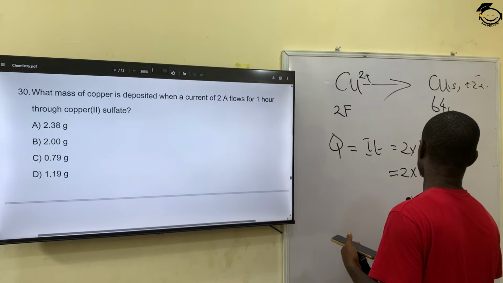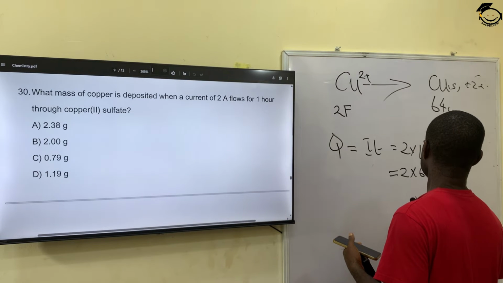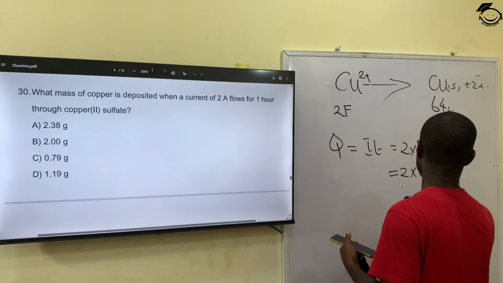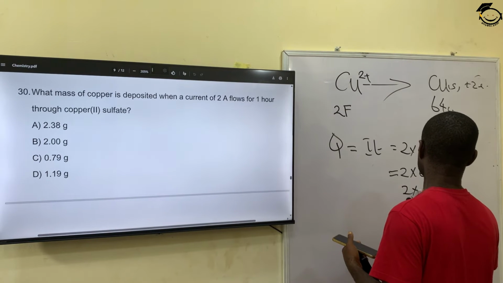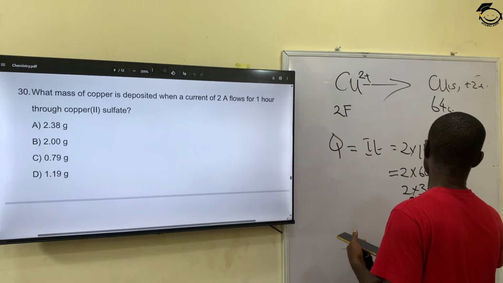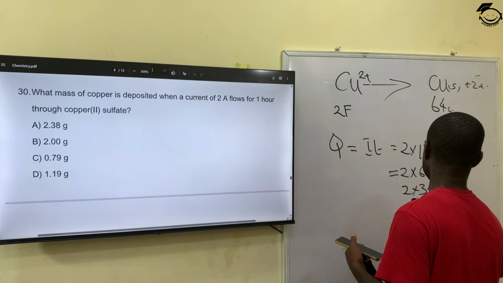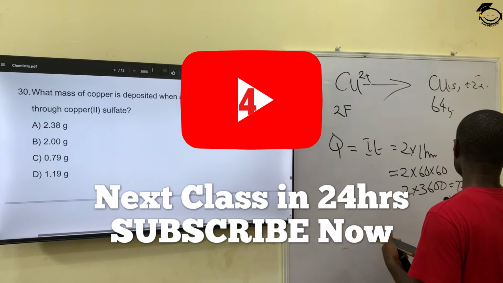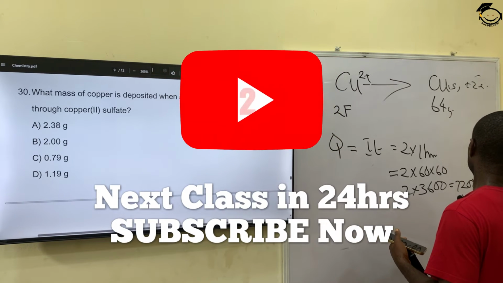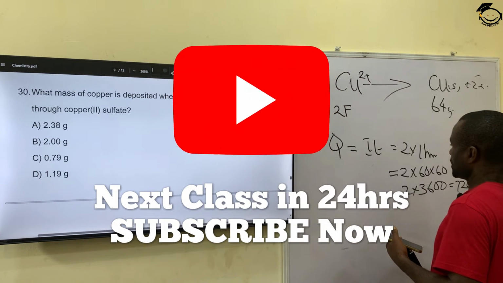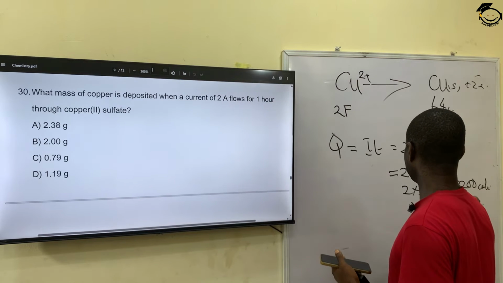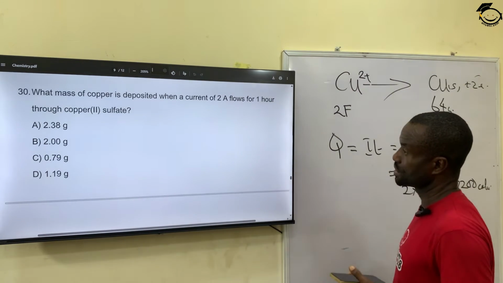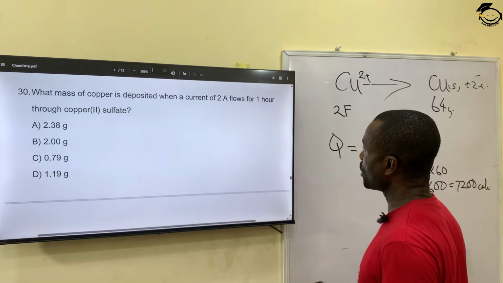That is 3,600, and 2 times 3,600 gives you 7,200 coulombs. The quantity of electricity we're given is 7,200 coulombs.